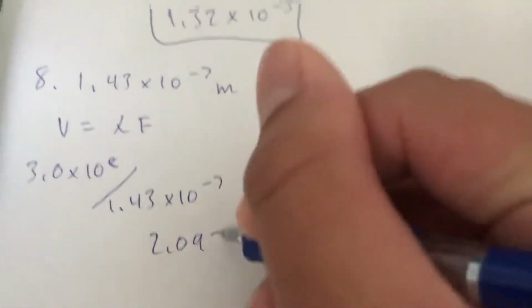So our frequency would be 2.097 times 10 to the 15th.